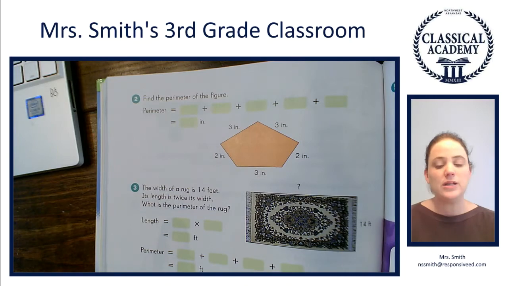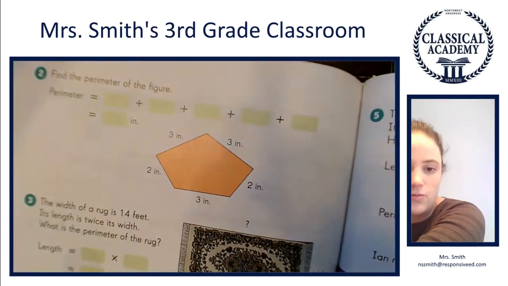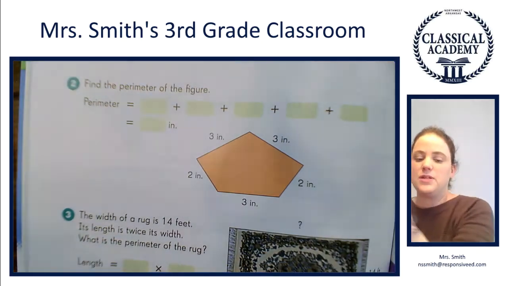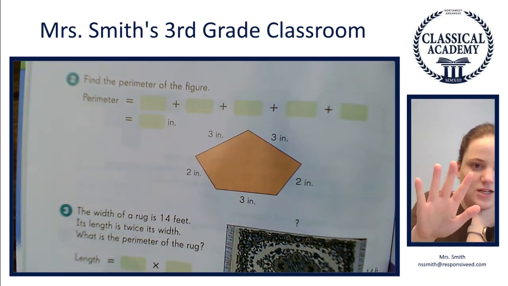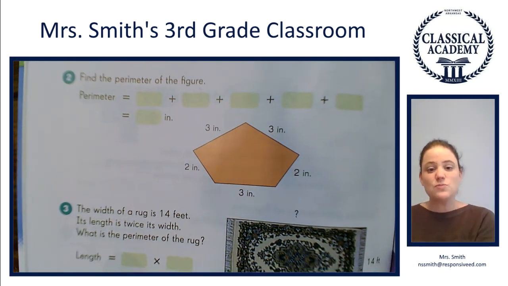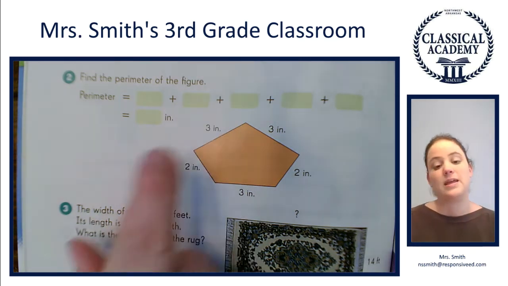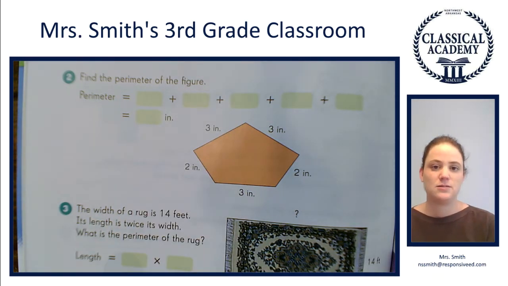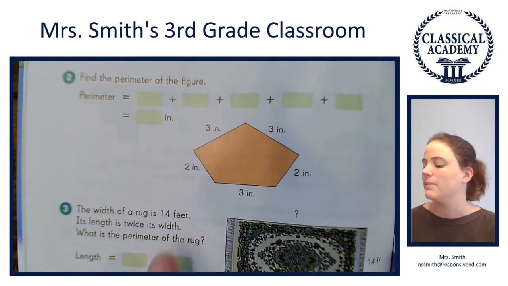All right, now we need to find the perimeter of this figure. Now this is not a rectangle. Let's count the number of sides. 1, 2, 3, 4, 5. What is the name of a 5-sided shape? Pentagon. Great job. All right, we have to measure them. Now, is this one I have to measure with the measuring tape, or is it one that gives me the distances? Right, it represents the distances, so we're going to use the ones given there.